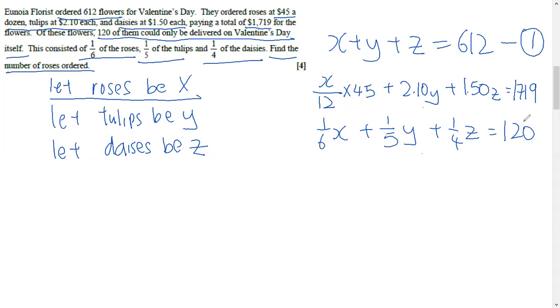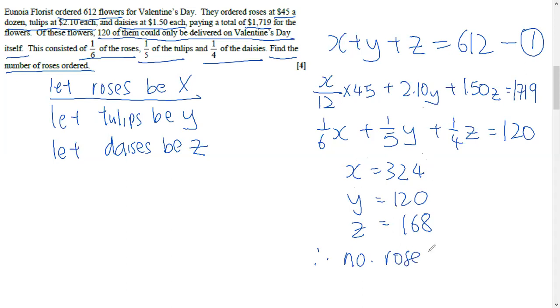So this is your three equations. Plug into your GC again, same thing: apps, PlySmlt2, solving equations, equation with 3 unknowns. Type in and you should get your X to be 324, Y to be 120, Z to be 168. Therefore, the number of roses will be 324.